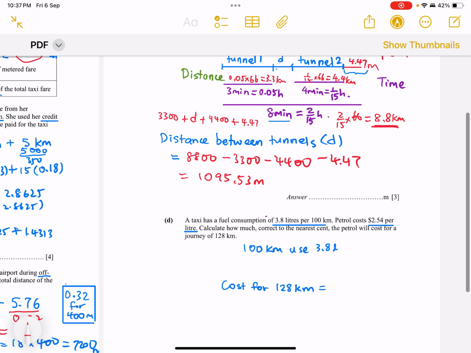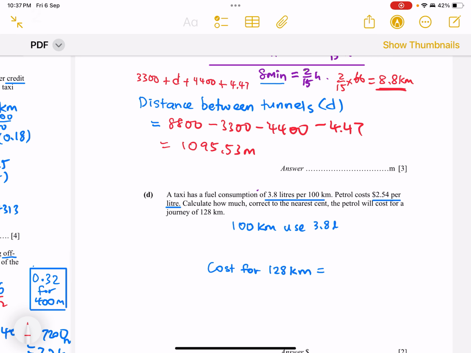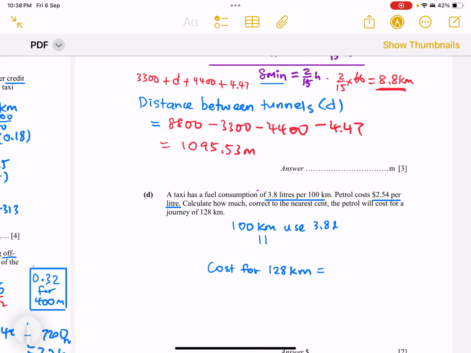Now we look at the fuel consumption. They say that 100 kilometers will use 3.8 liters. So that means 1 km will use 3.8 divided by 100.